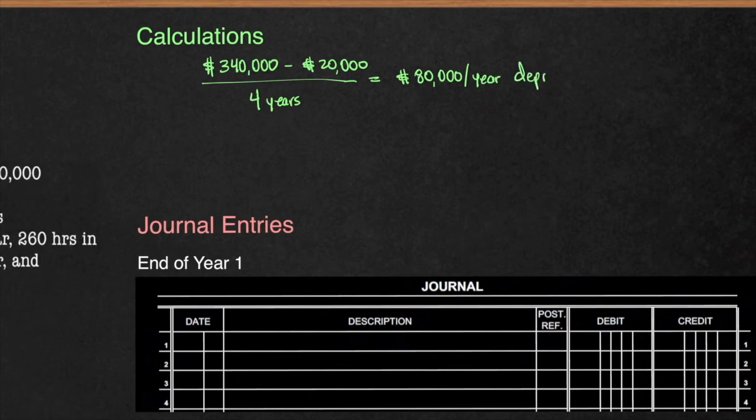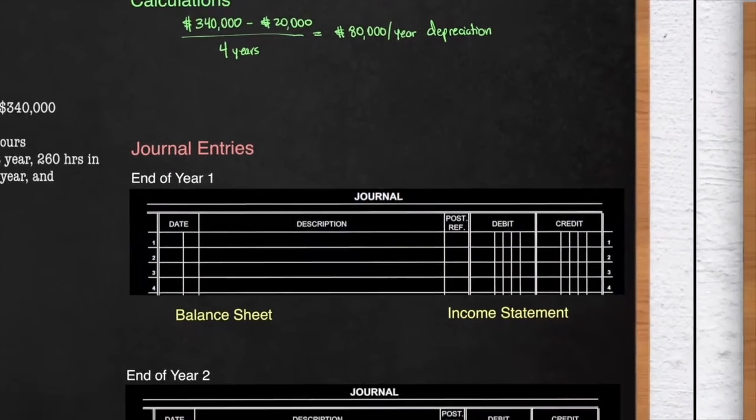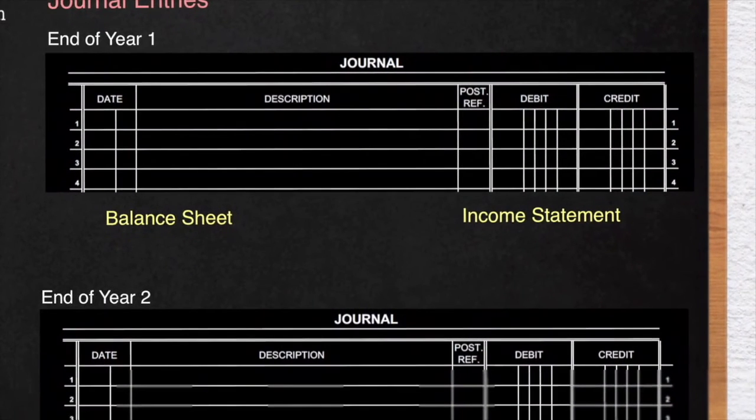What does that mean? It means that each year that equipment goes down in value on your books, on the accounting records, by $80,000. So you have to decrease the value of that asset by $80,000 each year.